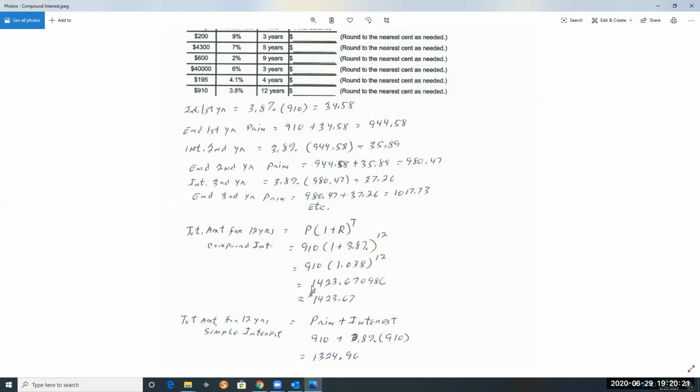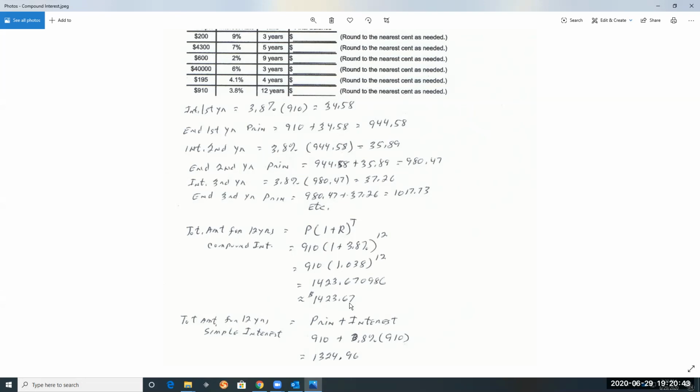And after we've raised it to the 12th power, we're going to multiply it by 910. The calculator gives me an answer of $1,423.670986, etc. But we need to round this to the nearest penny. Nearest penny is 2 decimal places, not 1 decimal place. So the answer is $1,423.67.